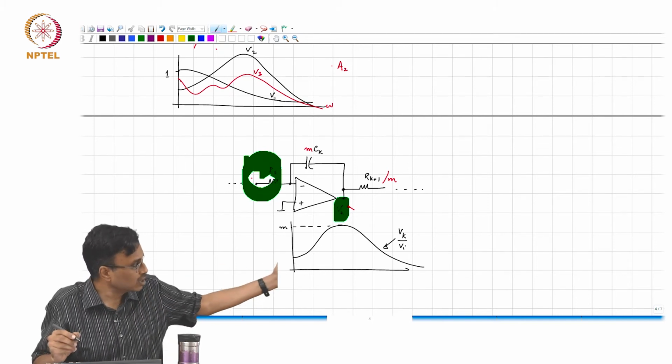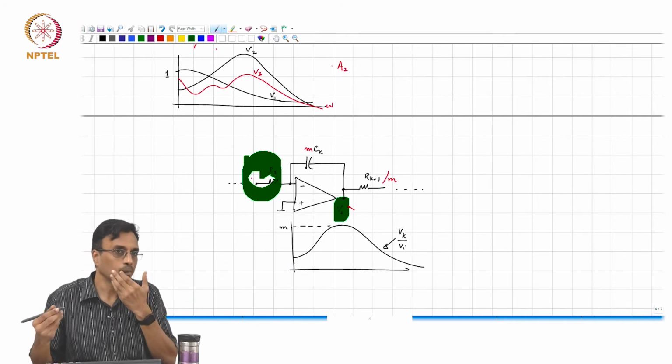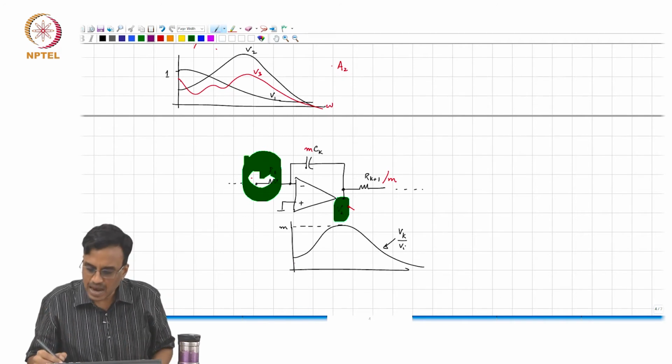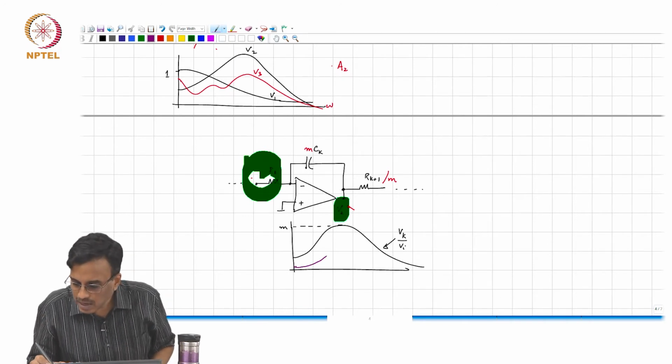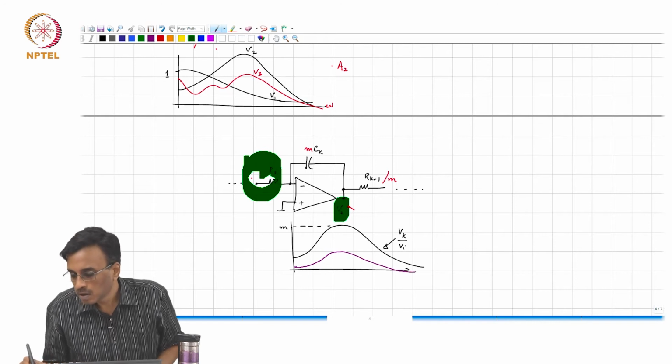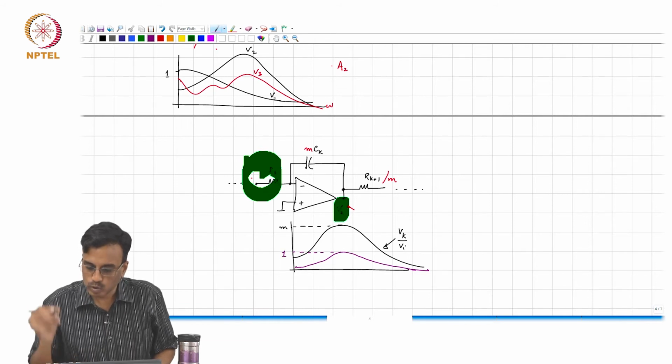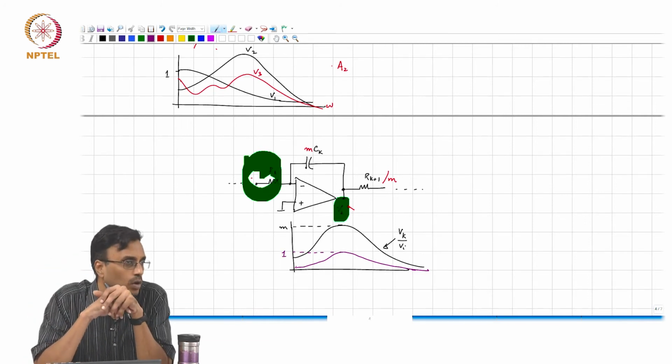If I want to draw the frequency response on the same picture, what will happen to the shape? The shape remains exactly the same. It's only the peak gain that goes down by a factor of M. So what was M earlier is now 1. Does it make sense?